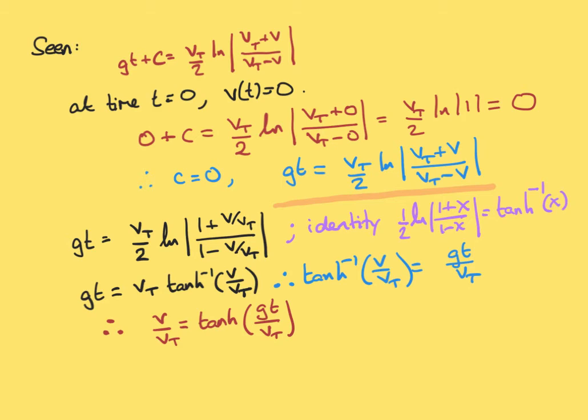So if you recall that tanh of x is sinh of x over cosh of x, it is e to the x minus e to the minus x all over 2 divided by e to the x plus e to the minus x, also all over 2, and the factors of 1/2 top and bottom will cancel, so I'm not going to bother writing them.